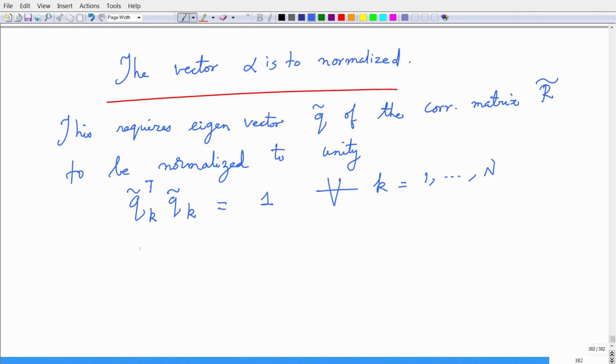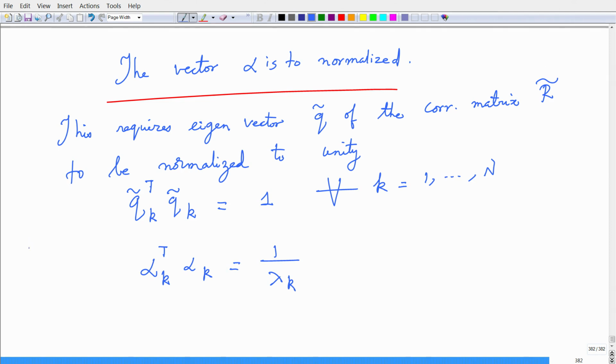And also you can verify that from these results alpha k transposed times alpha k equals 1 upon lambda k. You can verify that alpha k transposed alpha k is 1 upon lambda k.